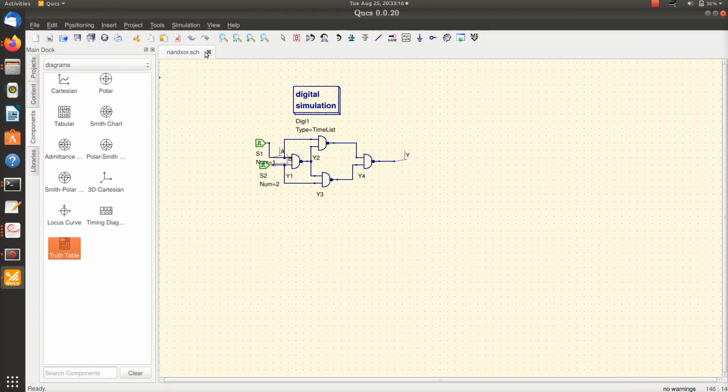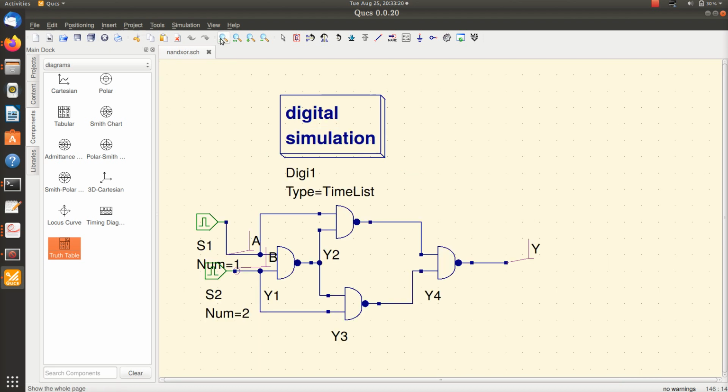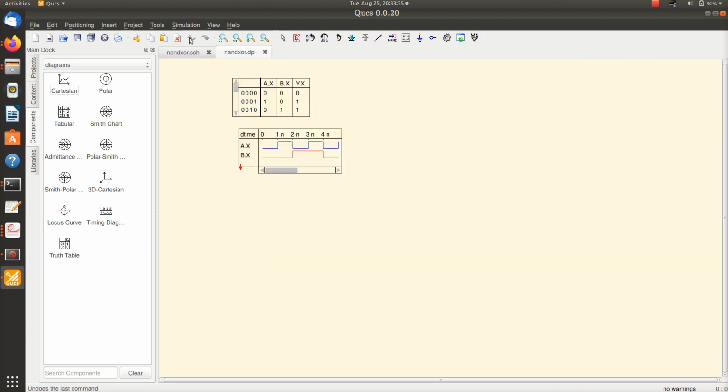This is a circuit we just discussed. This point is AB all complement. This point is A B bar or A bar B. First we will run the simulation and we will see whether this is giving me an exclusive OR result.